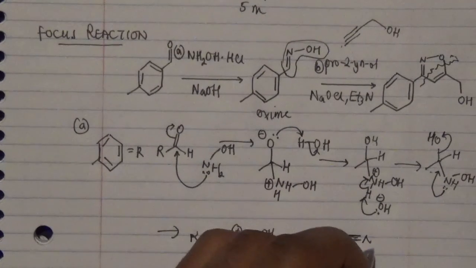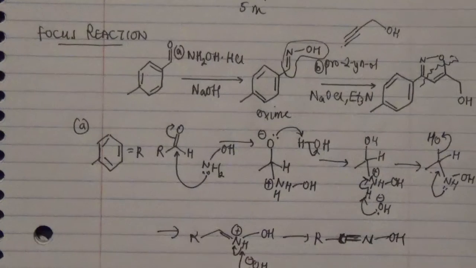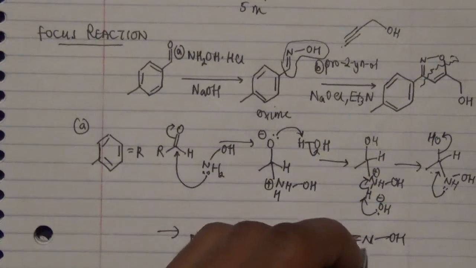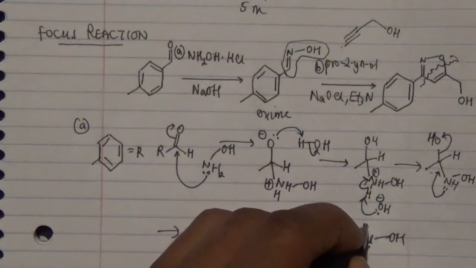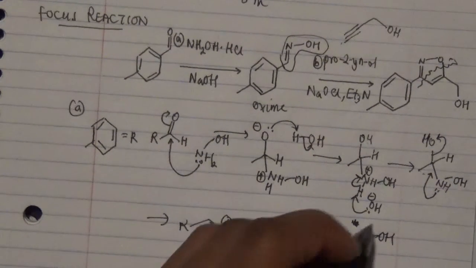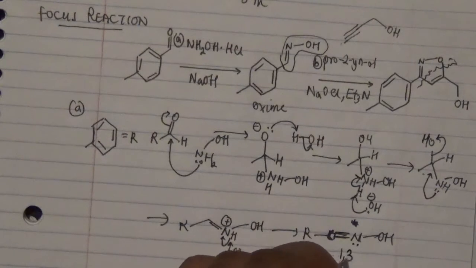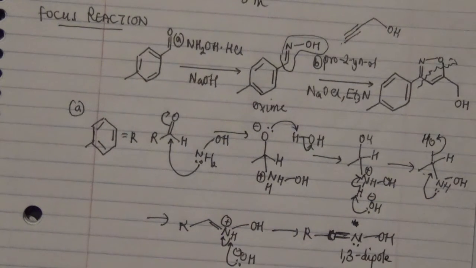Then we have our OH group there, and this is neutral at some point. Once you have a neutral species, and here you have a carbon, this neutral species is quite interesting because it forms a 1,3 dipole species.